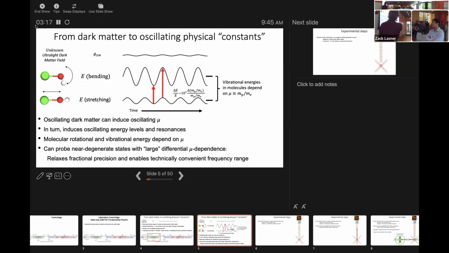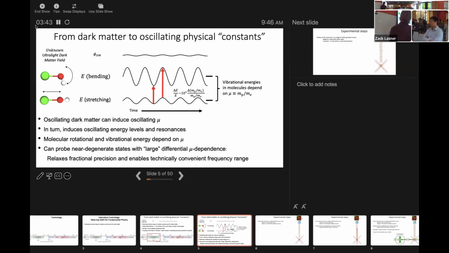If you can find two states like this that are very close in energy, then you can get an intrinsic enhancement because the absolute oscillation amplitude of these energy levels is set by their absolute energy. But if you just find two high up energies that happen to be close and have different sensitivity, then they have this absolute amplitude that's set by their energy relative to zero, but the relative energy may change a lot.